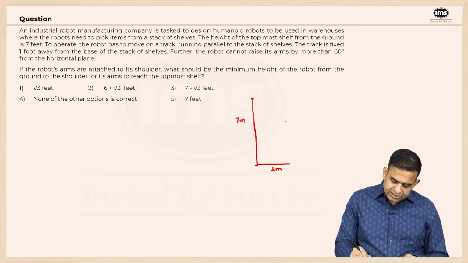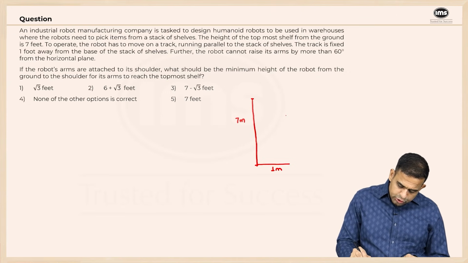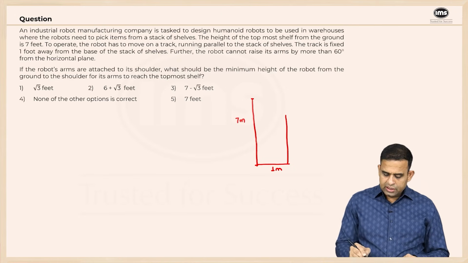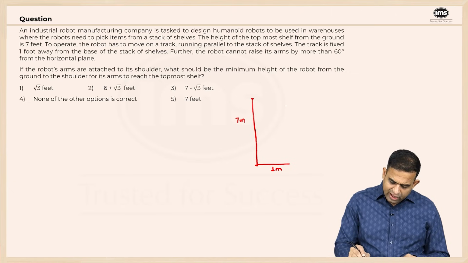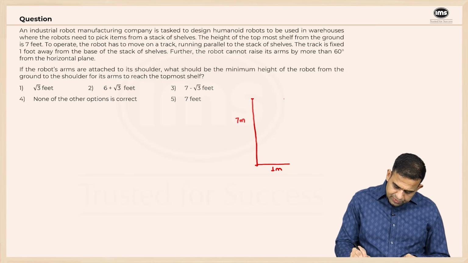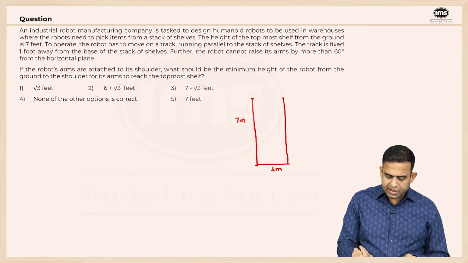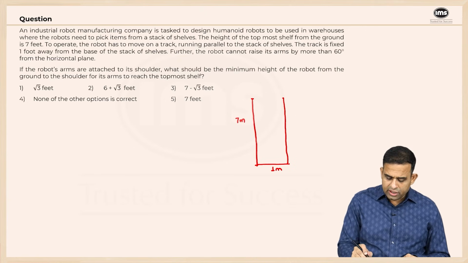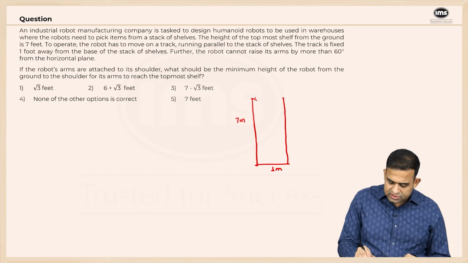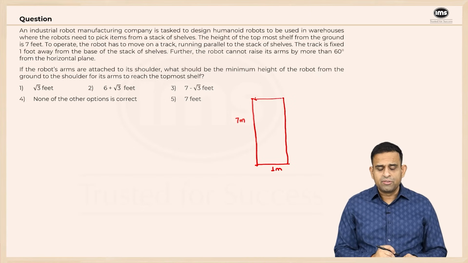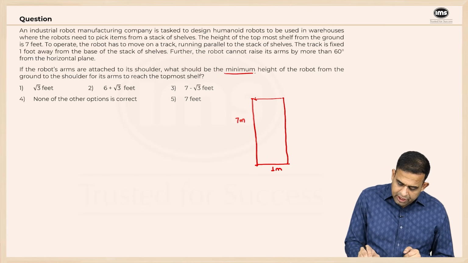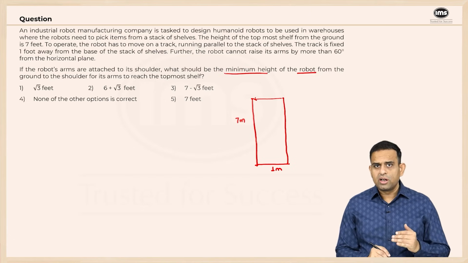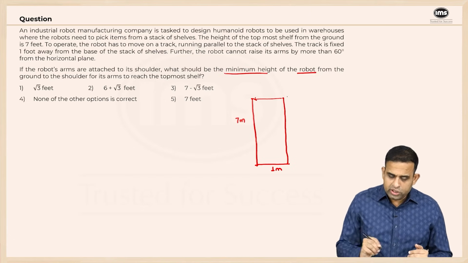Suppose this is the height at which the robo is over here, and I could have a height like this also. So this is the shoulder height. In this particular case, the arm is of length 1, and it's able to reach the top of the cell. But what is the objective? The objective is to minimize the least height of the robo from the ground to the shoulder. This is the shoulder, for example.